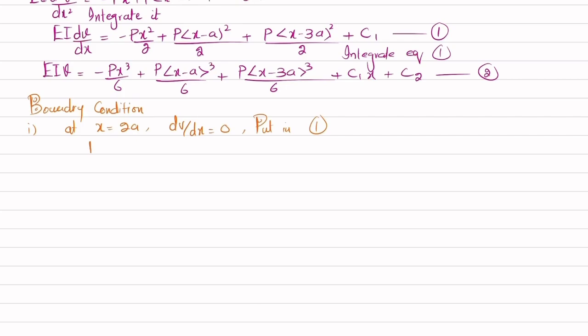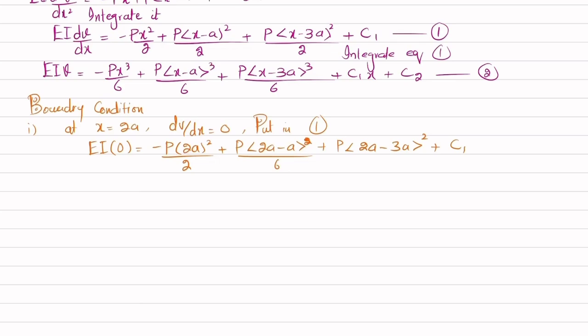So what we will get is EI into dv over dx, which is 0, is equal to minus P into x replaced by 2a, so 2a square over 2, plus P into 2a minus a whole square divided by 2, plus P into 2a minus 3a whole square, plus C1.